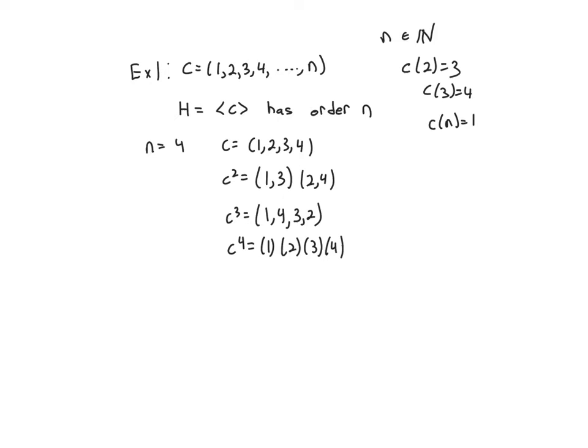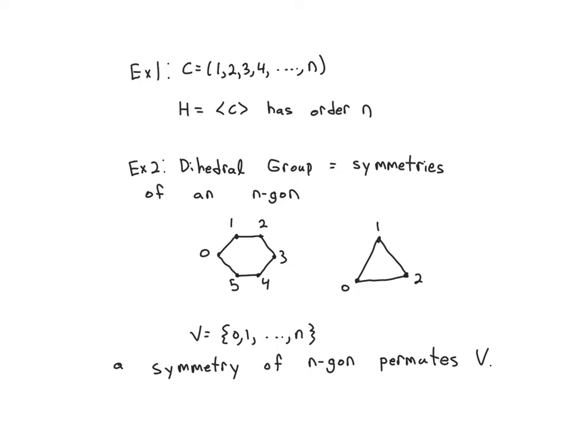Which is kind of convenient because we call this a cyclic group and we call this a cycle, so the terminology is consistent. All right, let's pick a more interesting group. It turns out the dihedral group, the symmetries of a regular polygon on n vertices, is also a permutation group.